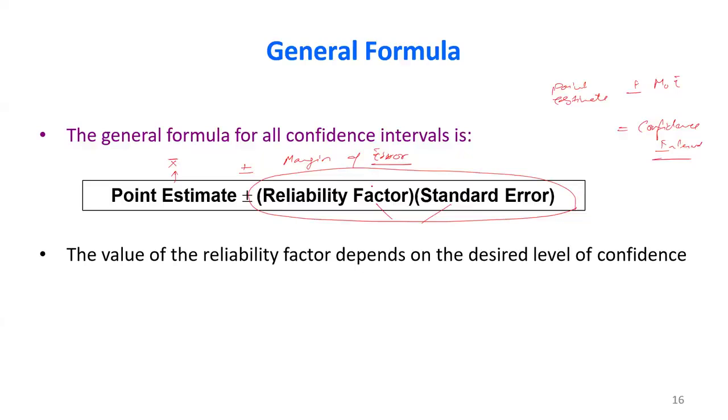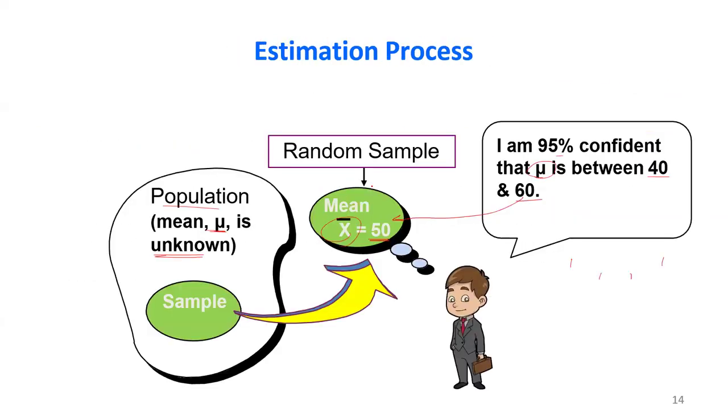In this picture, which you just missed, this guy is saying that based on the sample statistic, which comes out to be 50, with the help of the confidence level, he comes up with this interval. He's saying I'm 95% confident that your population parameter mu will fall between 40 and 60.